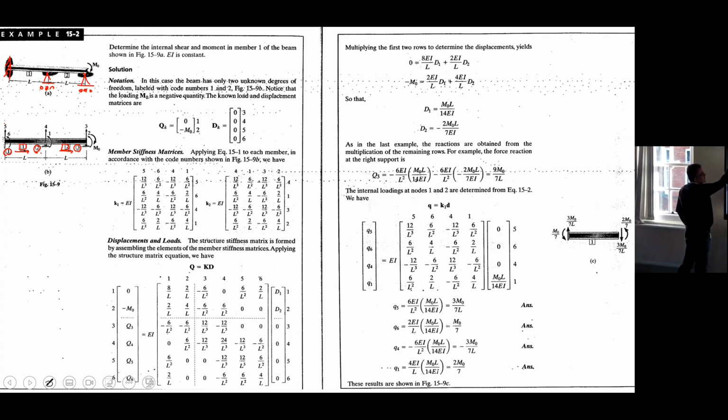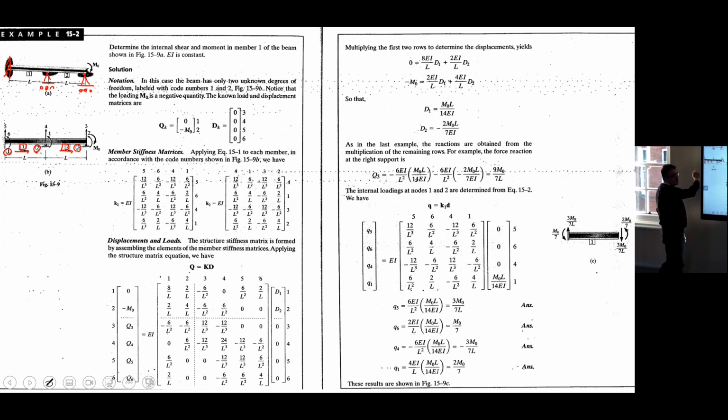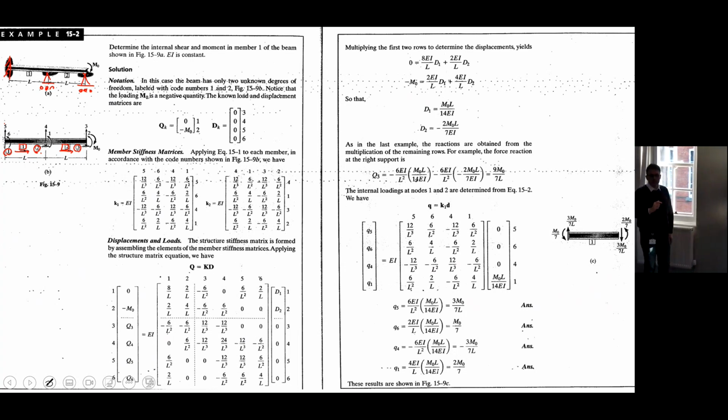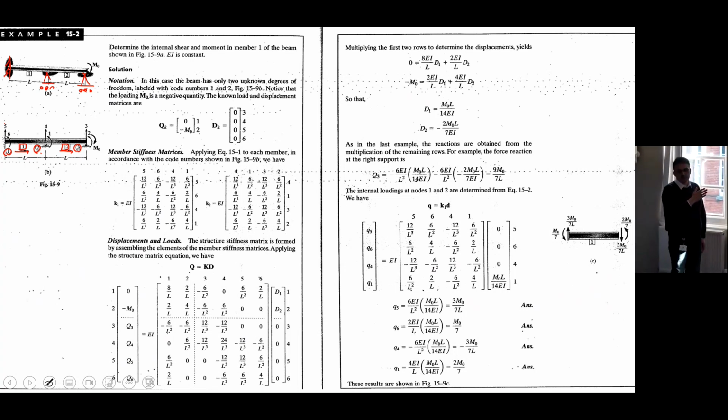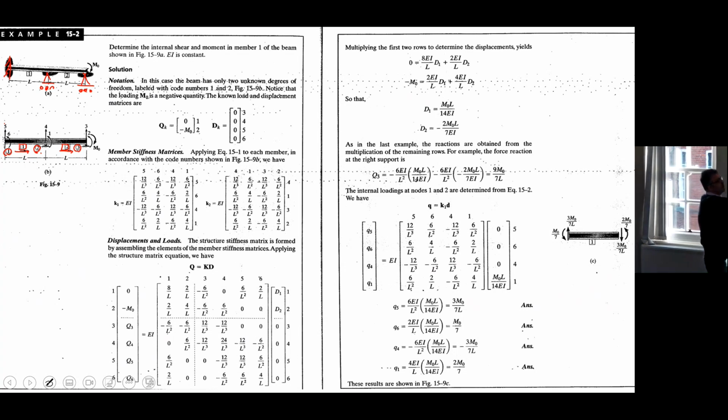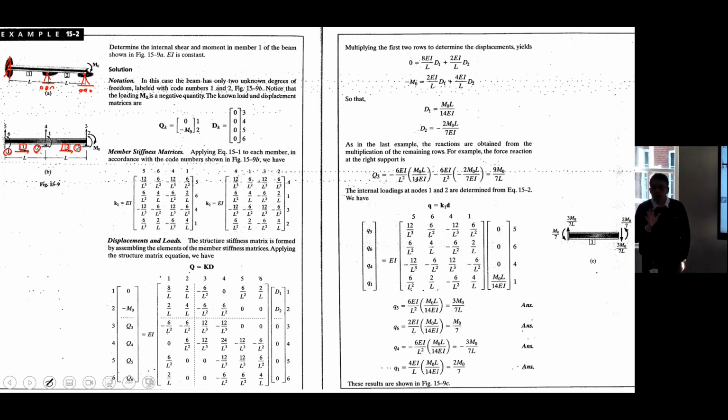This roller support constrains number 4, because the middle roller support means node number 2 doesn't move vertically. Again, roller support at the middle means the degree of freedom number 4 doesn't move vertically. The deformation along degree of freedom number 4 is 0, but not number 1.